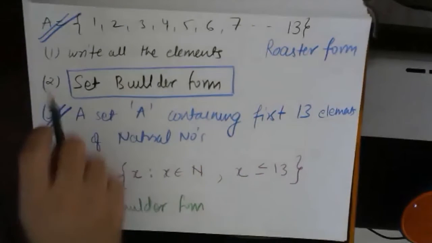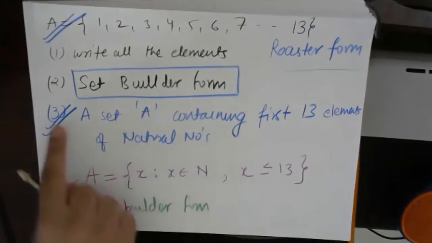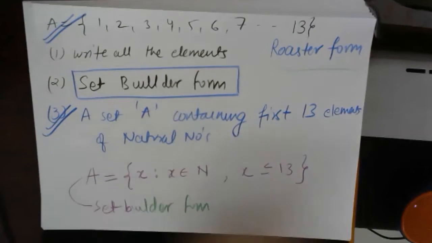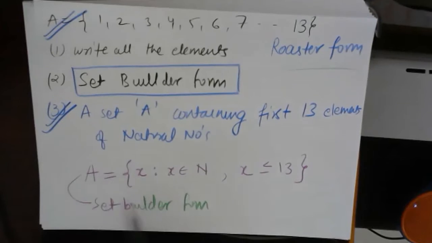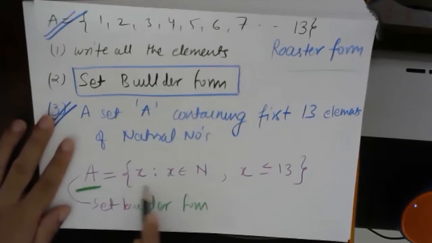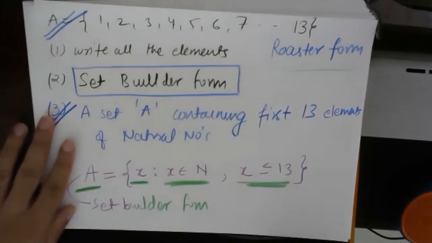Either you can write any set in the roster form, or you can describe the whole set in a long way, that set A contains the first 13 natural numbers. The other one is writing it in such simpler form, that there is a set A which contains element x, and x belongs to natural number, and x should be less than or equal to 30.